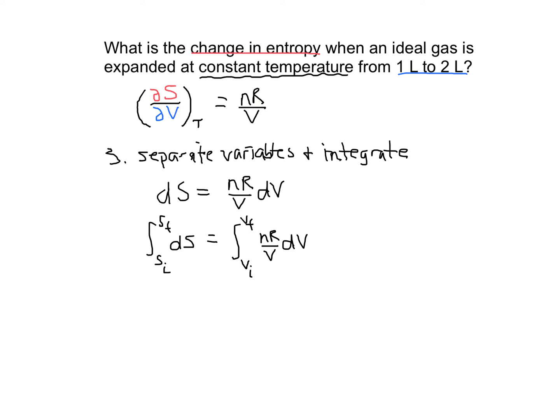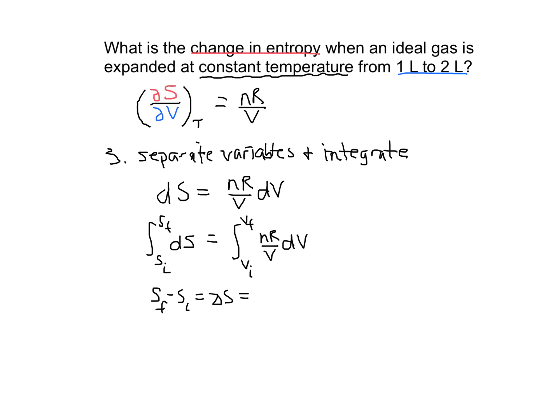The integral of dS is simply S. I evaluate from S initial to S final, which gives me S final minus S initial, which is equal to delta S, or the change in entropy, which was what I wanted to calculate.